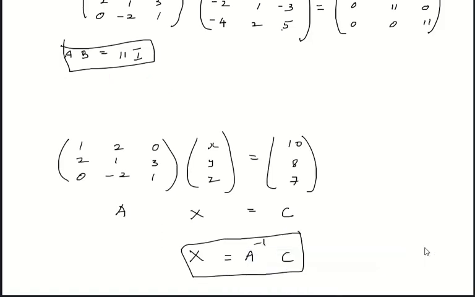Now pre-multiplying by A inverse on both sides, I get A inverse A B equal to 11 A inverse I. Now A inverse A is the I matrix, correct? So I into B is B, and 11 A inverse into I is 11 A inverse. So I can write B by 11 is nothing but A inverse.